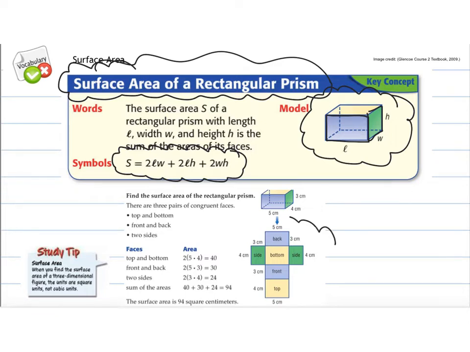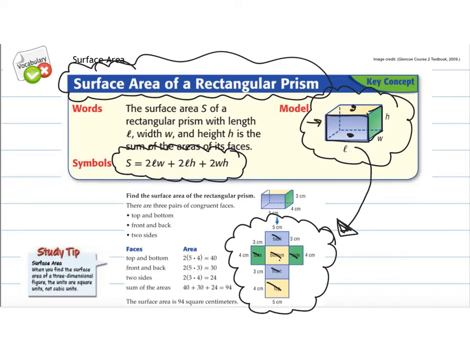If you look at this, it's a rectangular prism taken apart, so it's basically this unfolded, and you can see that there's a top and a bottom, obviously, a back and a front, and a side and a side. So here's our top, here's our bottom down there. There's our side, and then obviously our back there, and our front right there. So we're taking the area of all the sides.